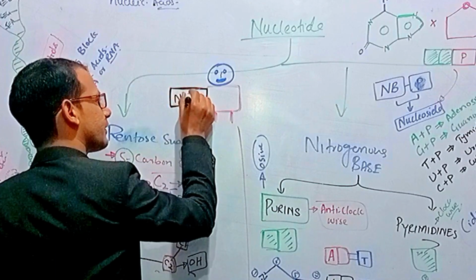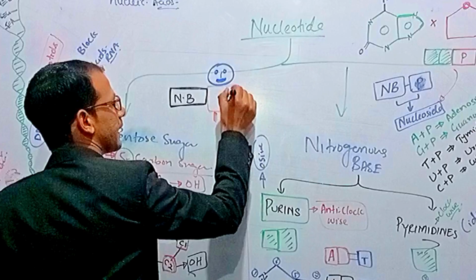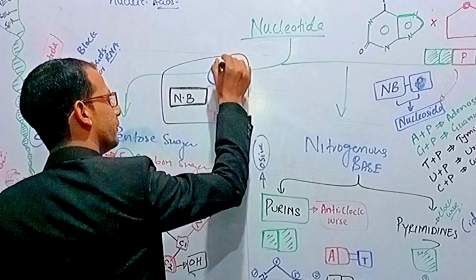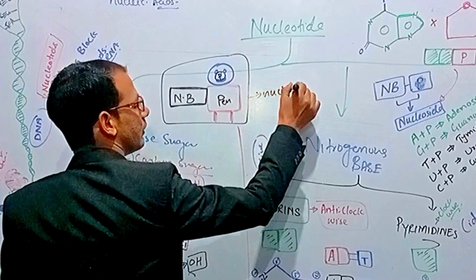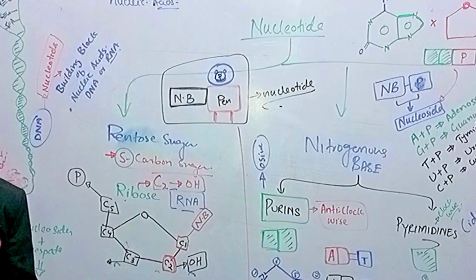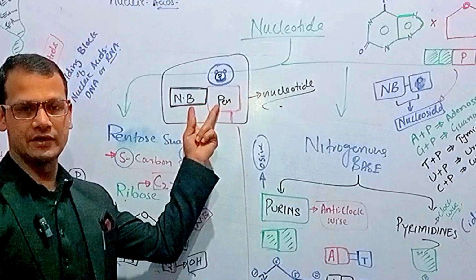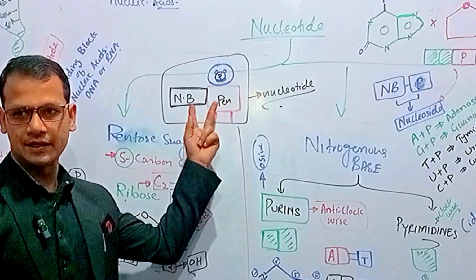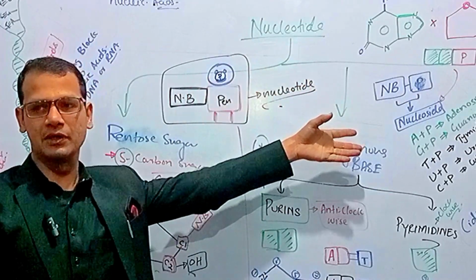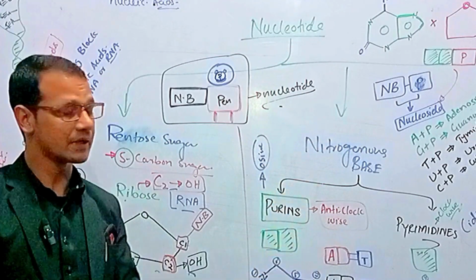This is the nitrogenous base, this is the pentose sugar, and this is the phosphate group, right? Collectively it forms a nucleotide, right? So when we talk generally about DNA, we draw the nucleotide like this, and after this we draw it chemically, with the rings.